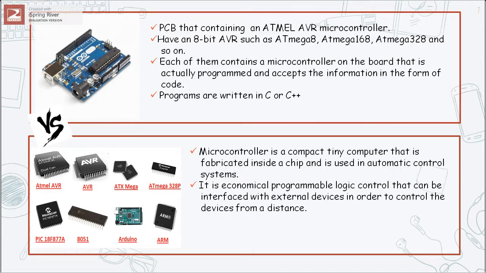It is an economical programmable logic controller that can be interfaced with external devices in order to control the device from a distance. C and assembly language are used to program microcontrollers. Do you know who made the first microcontroller? Okay, let me say, the first microcontroller was made by Michael Cochran and Gary Boone.